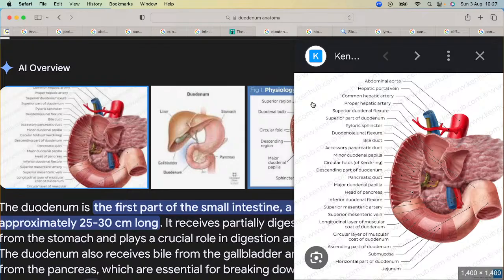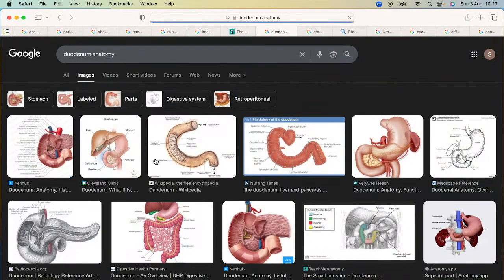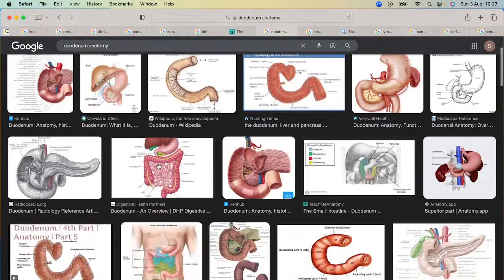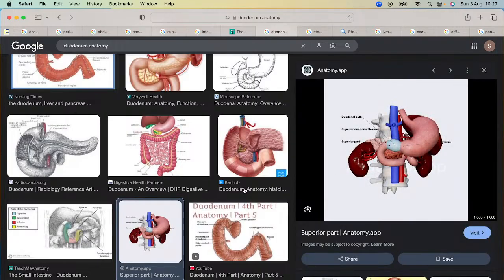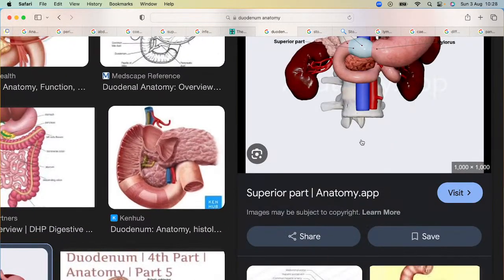Okay, so in terms of relations, let's see if we can find the picture for that. This gives you a small idea about the regional anatomy. It can be divided into the different parts of the duodenum.